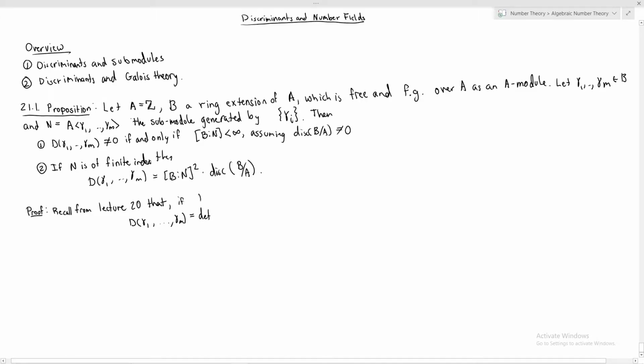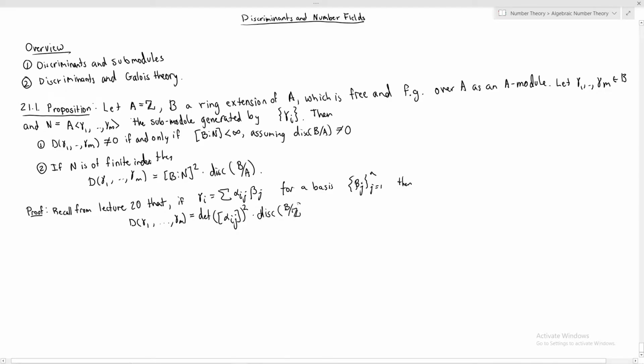So if gamma sub i equals the sum of alpha ij beta sub j for a basis beta sub j, j equals 1 to n, then this guy is going to be the determinant of these alpha ij's, that determinant squared, times the discriminant of these beta sub j's, which is the discriminant of the extension.